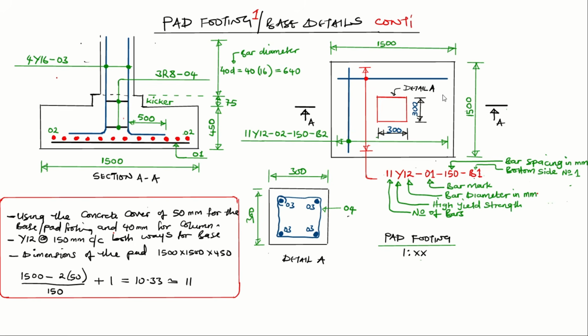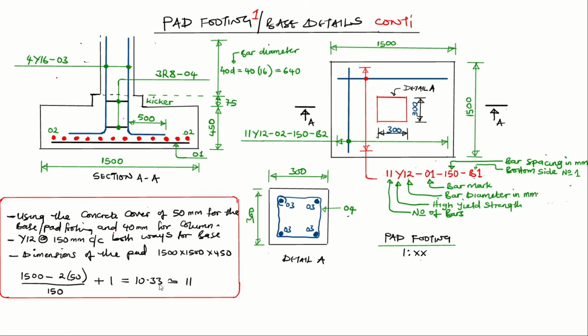So we're going to use 50 as our concrete cover, 50 on both ends. That's why here we're multiplying 2 by 50. Then, like I said, you divide by what? The spacing. The spacing that we're using in this case is 150 for this distribution reinforcement. So we're going to say 1500 minus 100 over 150 plus 1.